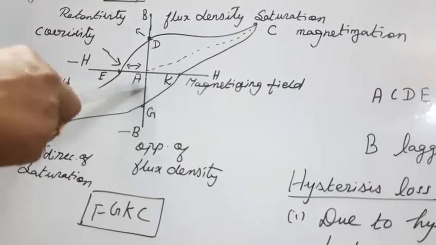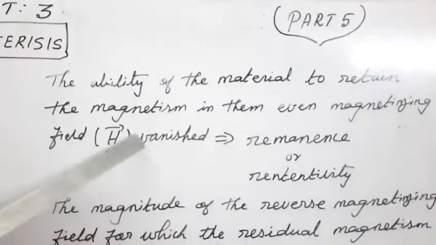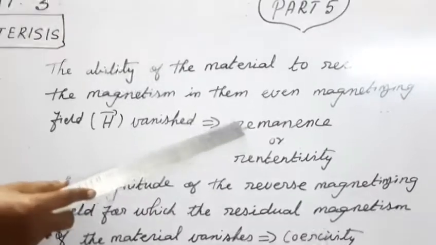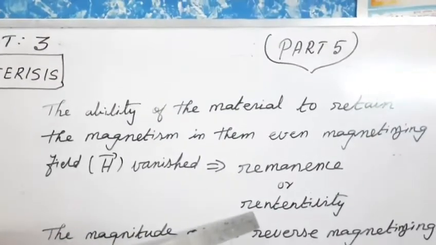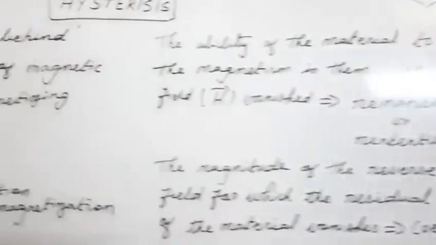It is defined as the ability of the material to retain the magnetism in it even when the magnetizing field vanishes, and is called remanence or retentivity. The magnetizing field is gradually increased in the reverse direction.